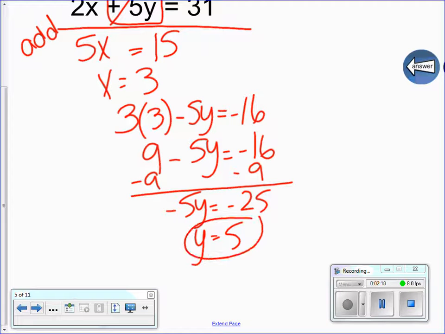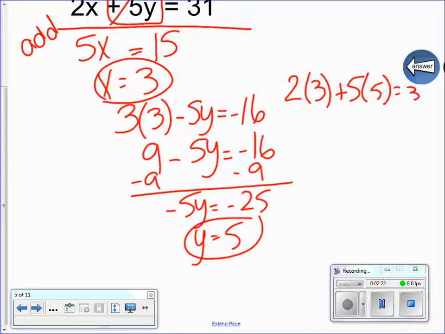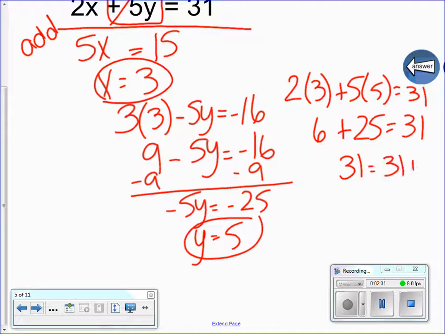Now I have my x and my y, so I'm going to plug them into the other equation just to check my answer. 2 times 3 plus 5 times 5 equals 31. 2 times 3 is 6, 5 times 5 is 25, so 31 equals 31. My solution is (3, 5).